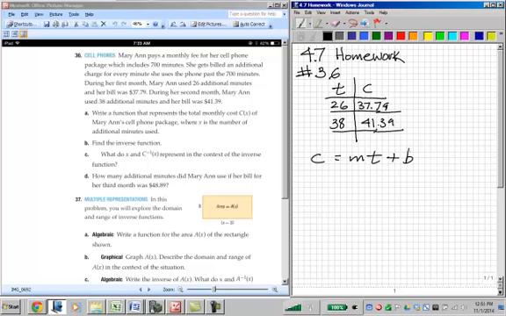Okay, so first we're going to find the slope using these 2 points, and then we are going to find the y-intercept. We're going to find B by using the slope-intercept form. So here we got x1 and x2 and y1 and y2.